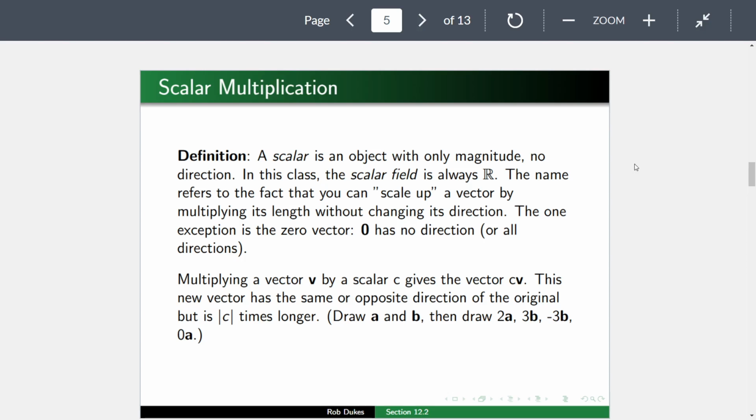So let's do these examples here. We're going to draw vectors A and B, and then we're going to get 2A, 3B, negative 3B, and 0A. So let's call this one A. Let's call this one B. Then 2A would be the same as A, but twice as long.